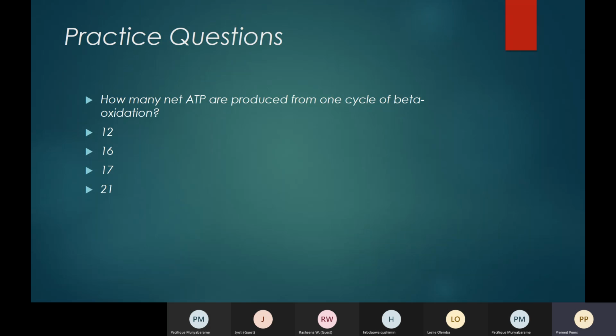We get an acetyl-CoA that we then feed into the citric acid cycle. So 12.5, I was using a higher number. The numbers aren't really important with this one, but the important thing is that you know every step where we're getting ATP. So can you trace all the ATP we'd be getting from one cycle of beta oxidation?